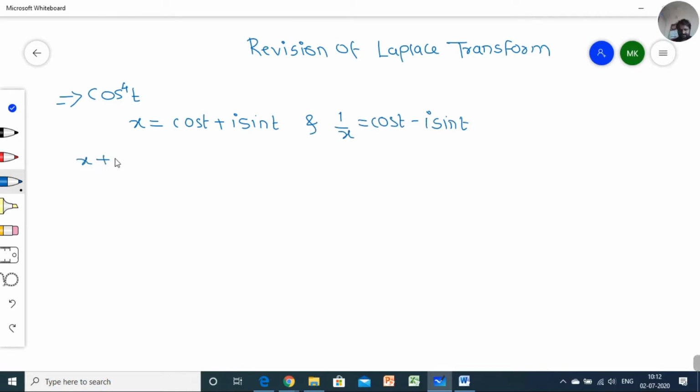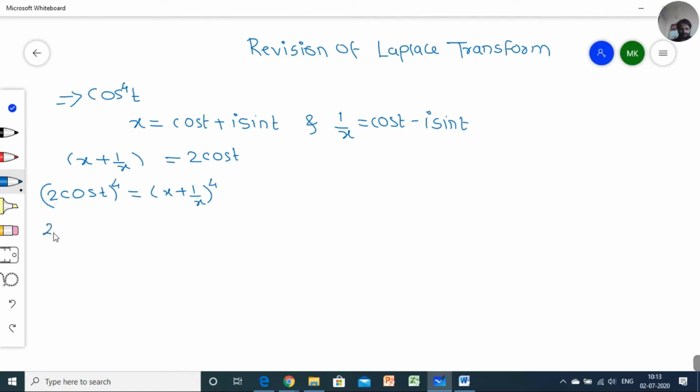You will get x plus 1 by x, which is equal to 2 cos t. The power is 4, so apply the 4 power rule: 2 cos t raised to power 4 is x plus 1 by x raised to power 4. Simplify this using binomial expansion.